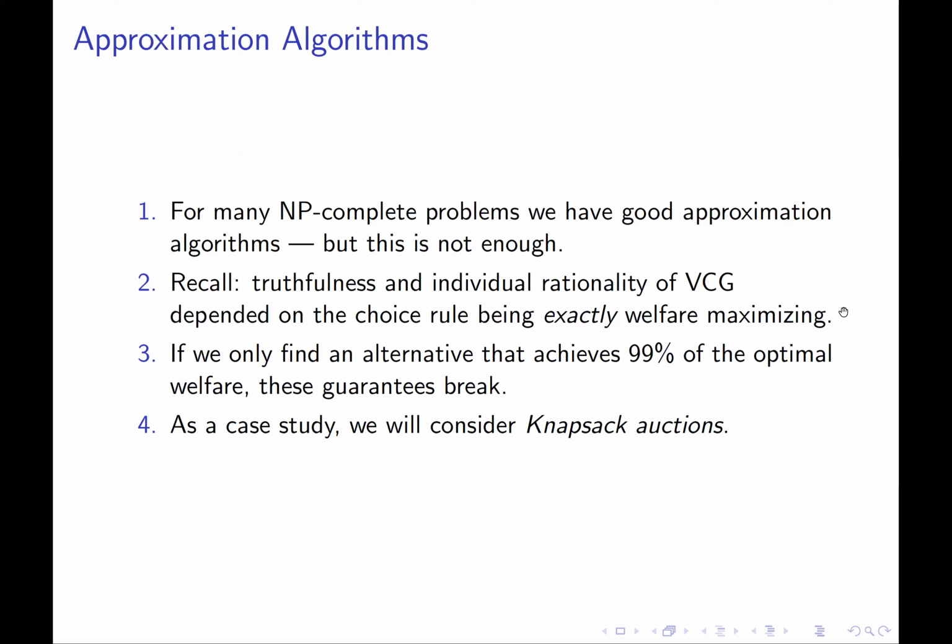And I'm going to walk through the process of how you might deal with this. And by the end of the lecture, we will have an approximation algorithm that not only guarantees a good approximation to the social welfare, but which can be paired with a payment rule that makes it dominant strategy truthful in a way that we wouldn't have gotten had we just used the VCG payment rule.